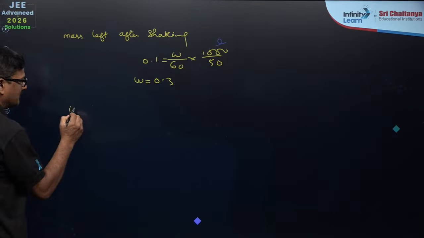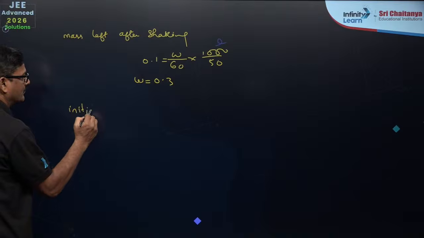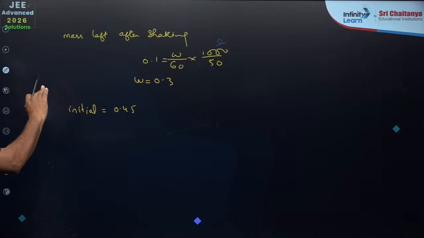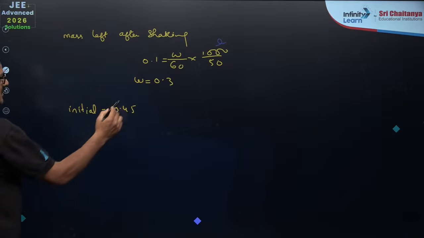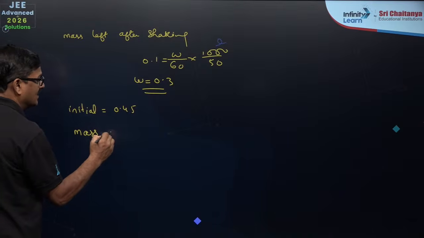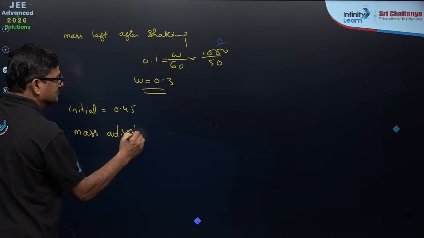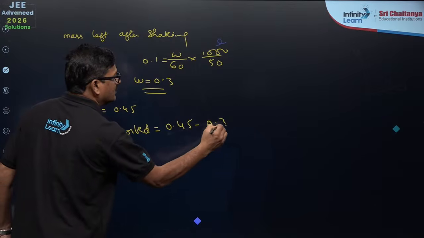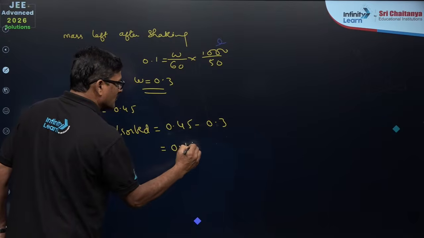So mass after shaking is going to be 0.3. So mass adsorbed is going to be 0.45 minus 0.3, which is 0.15, right?